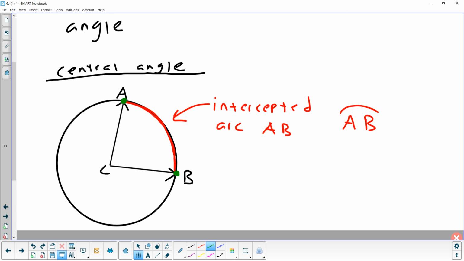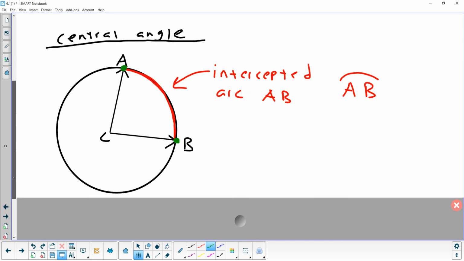And the symbol for that is arc AB. You could also say arc BA because arcs are not directional. Rays are directional. Okay, so we have an arc here that we're going to call AB.